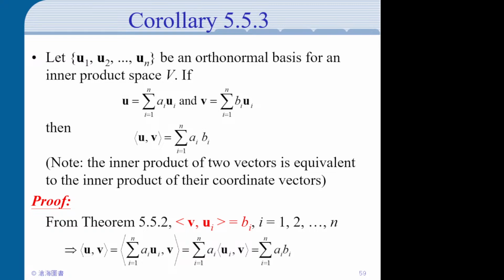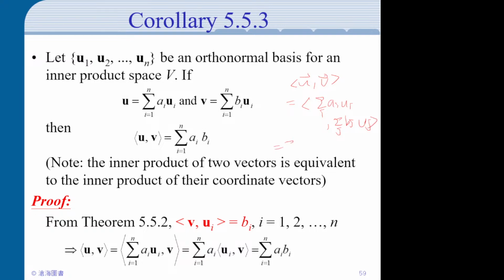Here you can also use the linearity on both sides and say the inner product of U and V equals the inner product of sum over i of Ai Ui with sum over j of Bj Uj.